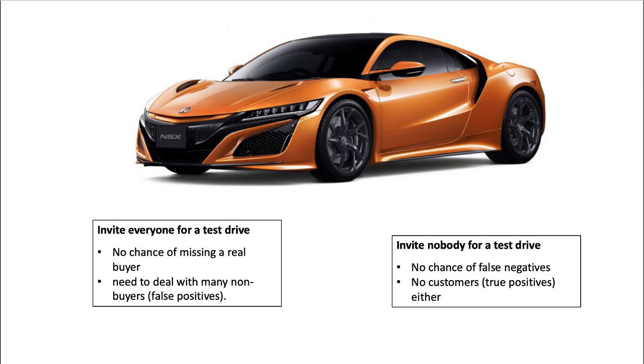Okay, so clearly what we are looking for is a trade-off. Inviting everybody to a test drive is the equivalent of having a cutoff of 0, which means everybody is going to be classified as a buyer. You call everybody. And inviting nobody for a test drive is equivalent to having a cutoff of infinity. Nobody is going to be classified as a buyer, so you don't call anybody. So we are looking for the middle ground here in terms of the cutoff probability.